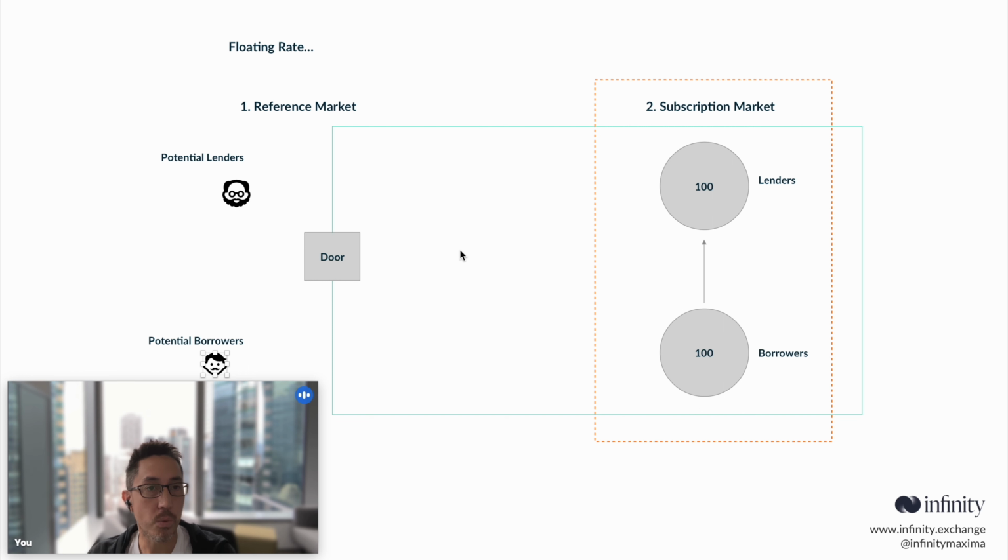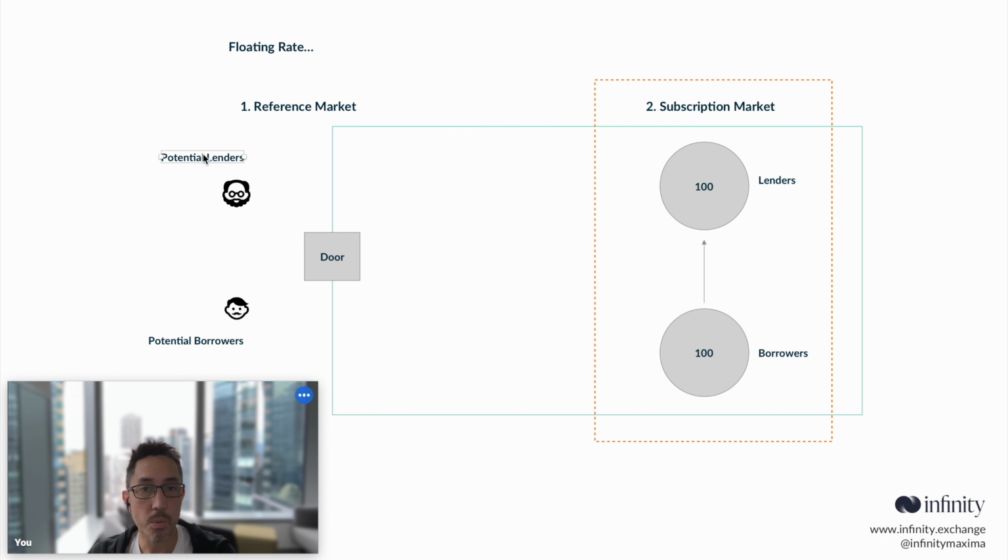Basically, if anyone wants to come into the club, they need to be matched. Whether it's a guy and a girl, whatever it is, you want to match the lenders and the borrowers. So whenever people walk through this door, one lender and one borrower walk through this door together into this club and into this subscription market. And ensuring that these individuals are matched coming in and matched going out ensures that the total number of lenders and the total number of borrowers are always a 1-to-1 ratio. And of course, this 1-to-1 ratio means that there will be no bid offer baked into the system, or at least no deadweight loss baked into the mechanics of the system.